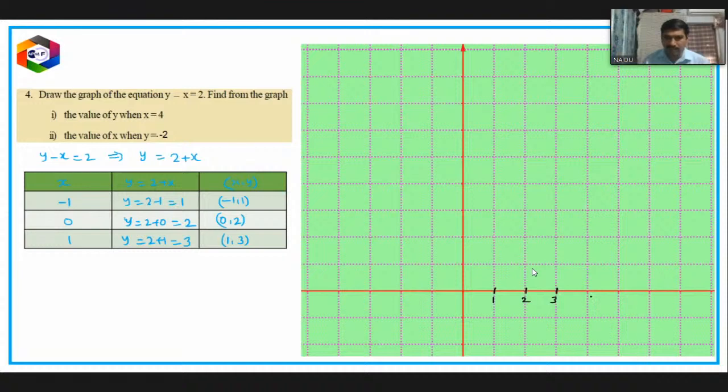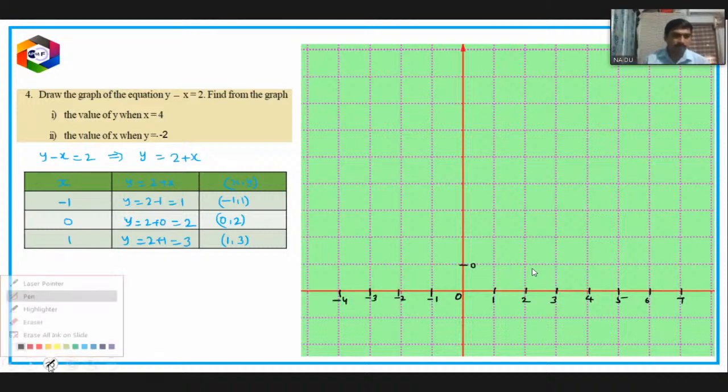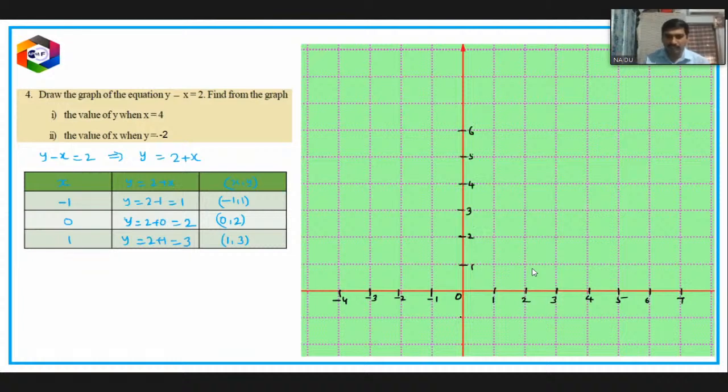And anyway, this is the origin. -1, -2, -3, -4. This is 1, 2, 3, 4, 5 and 6. And we have very few values, no problem, so I am taking only a few.